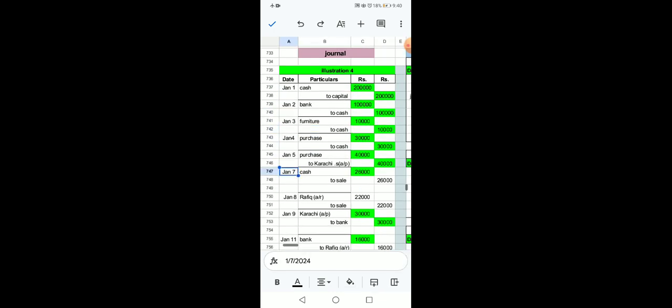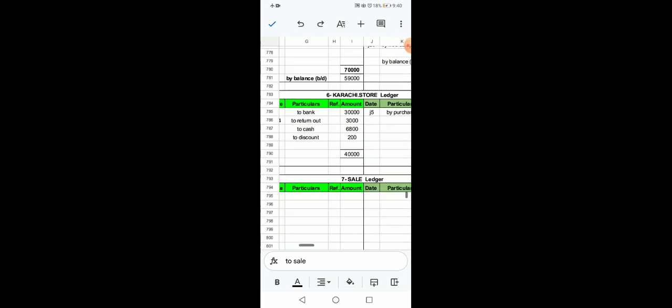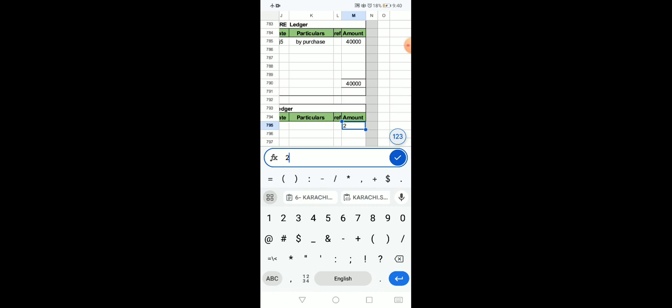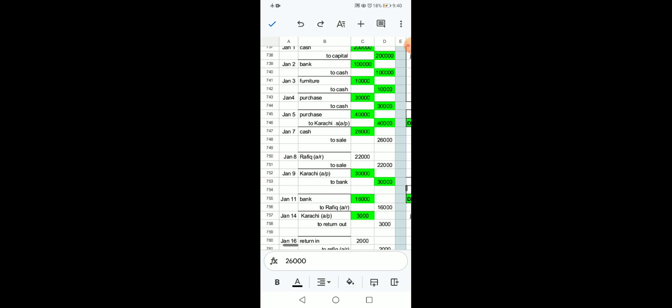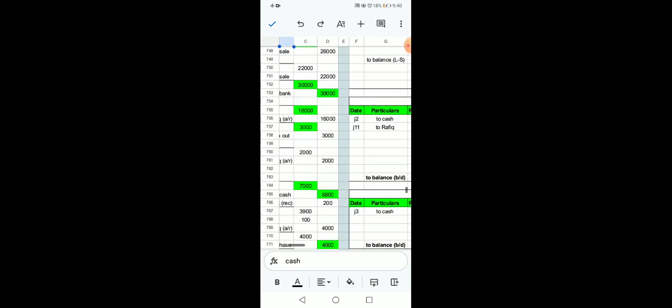Entry number 7, sale is credited by 26,000. So you will go to the credit side of sale and will put 26,000 on credit side, because sale was credited by 26,000. What reference you will use? What is written on the opposite side? Cash.